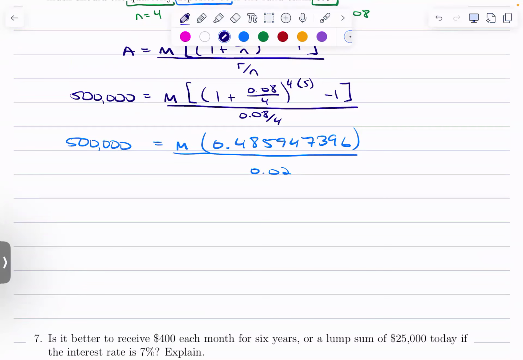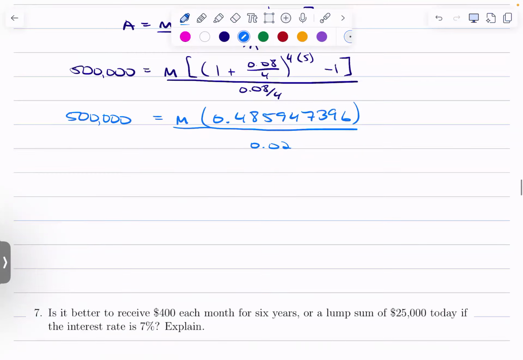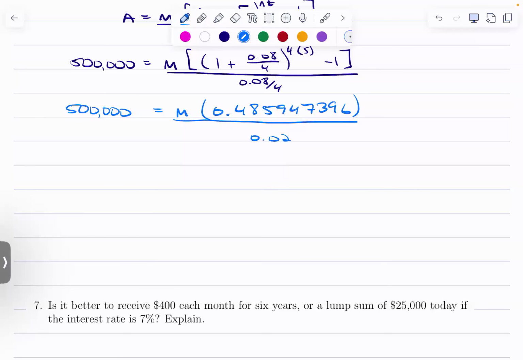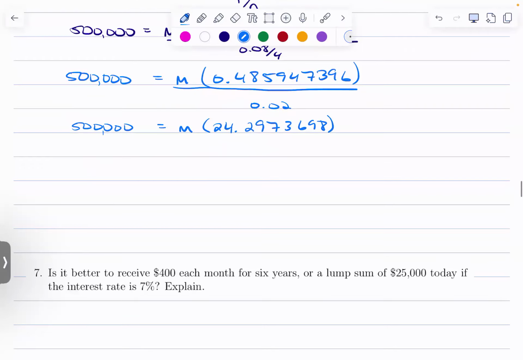So then M, oh, maybe I should show some more work here. Divided by 0.02. $24.2973698. So M is 500,000.